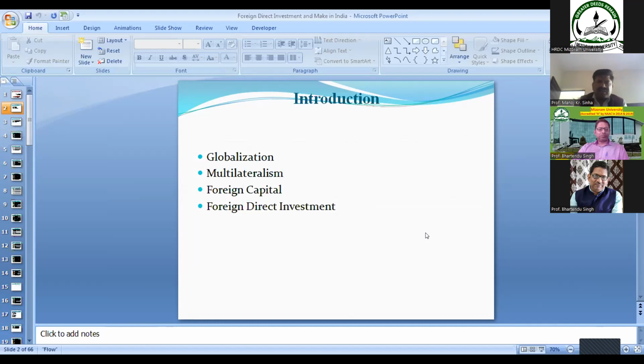Another dimension of globalization is multilateralism. Multilateralism lies in allocative efficiency. Allocative efficiency means allocating the available global resources in such a manner that we maximize production with the minimum cost of production.